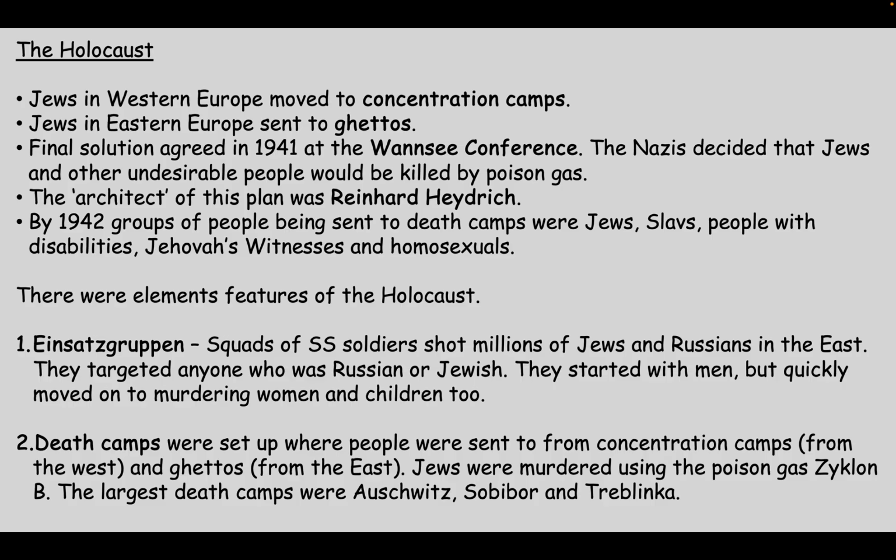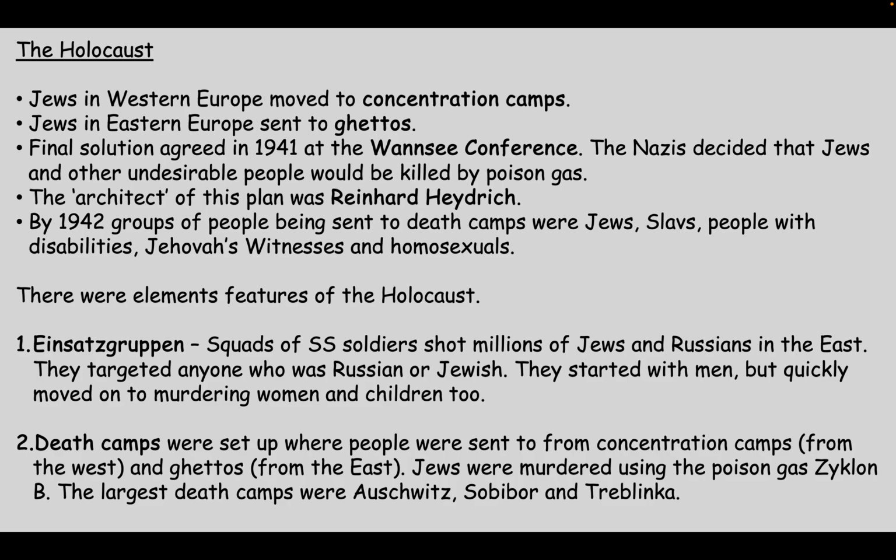Now, they started with the men, but they very, very quickly moved on to murdering women and children too. And they literally would go to a town, round people up, shoot them into a mass grave, and move on to the next town, and move on to the next town, and move on to the next town. So that was happening in Eastern Europe.